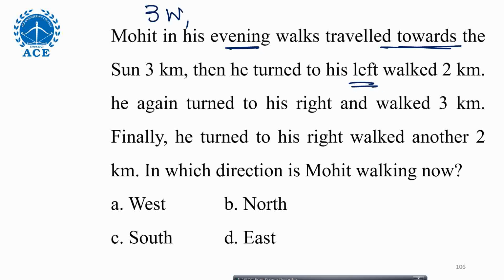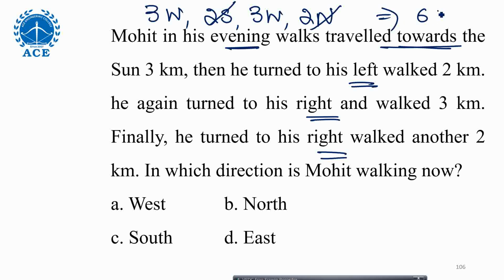From west, left means south. West clockwise is north, anti-clockwise is south. Left means we have to get south. Now right. Right means again back to west. 3 west. Again right. North. So 2 north, 2 south out, 6 west.